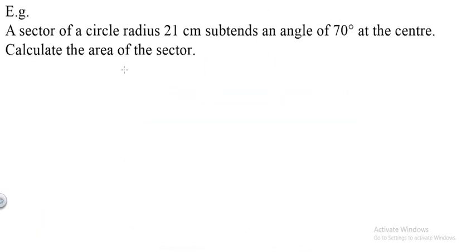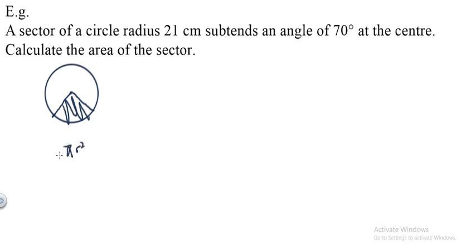Let's look at examples under areas of sectors. Like I've been doing before, to know the formula for the area of a sector, we look at the circle. So a circle is like this, and we know that a sector is a portion of a circle carved out from the center of the circle. So this is a sector. The area of the entire circle is pi r squared.